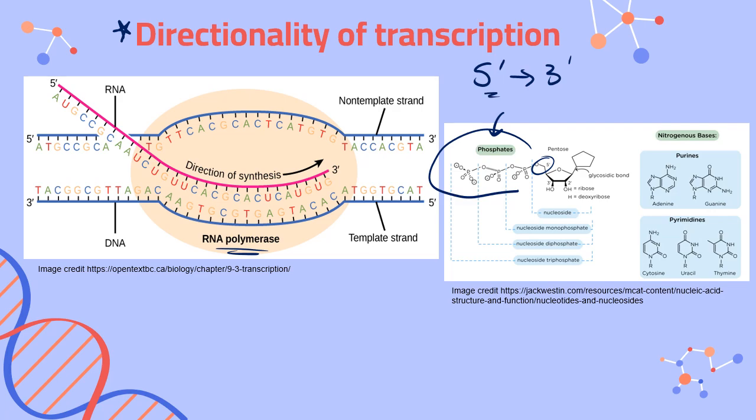So we're going 5' to 3' because the 5' end of the new RNA nucleotide has all that energy from those phosphate groups that's used to bind it to the 3' end of the growing strand.